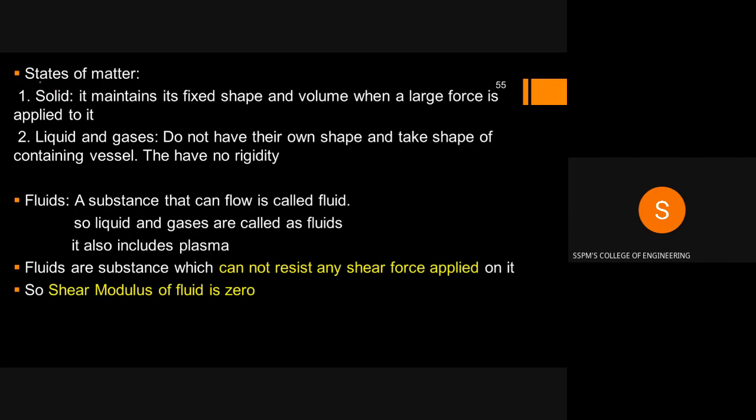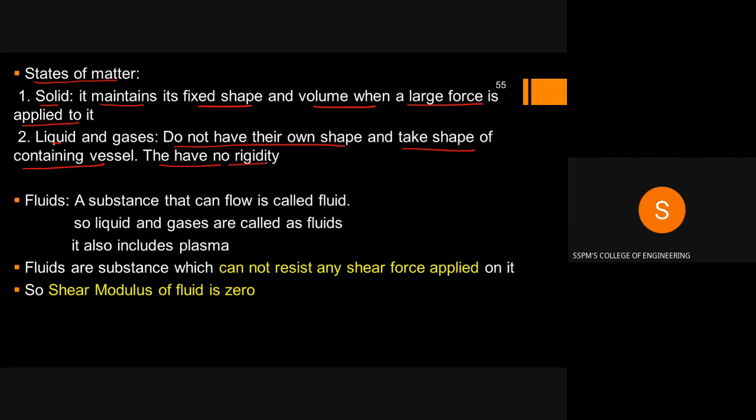So the first point is the states of matter. As we already studied, there are three states: solid, liquid, and gas. Solid means it maintains a fixed shape and volume when a large force is applied to it. Liquid and gas do not have their own shape and take the shape of the containing vessel.